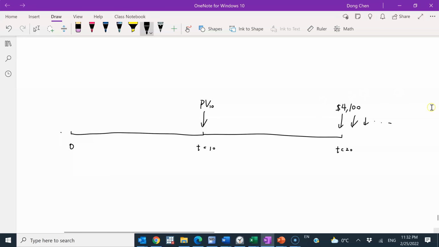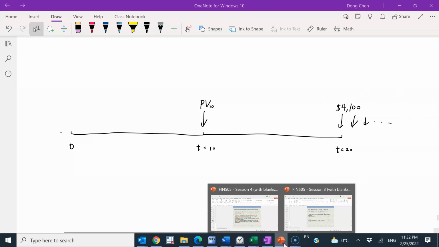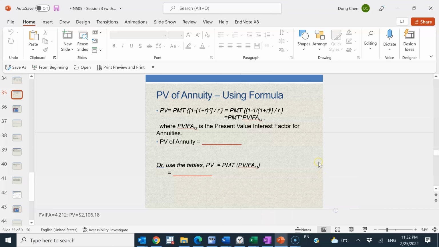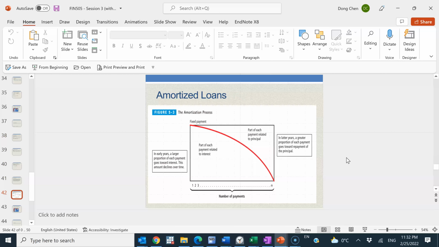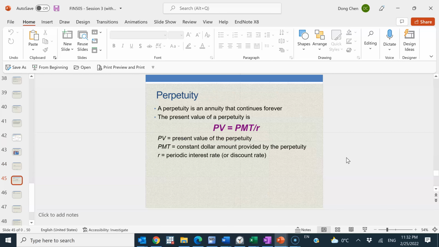Now, we also need to realize that the formula we learned in class for the perpetuity has a similar applicability compared with the formula for the present value of an ordinary annuity, which is that we need to make sure the first payment will start 1 period from today.